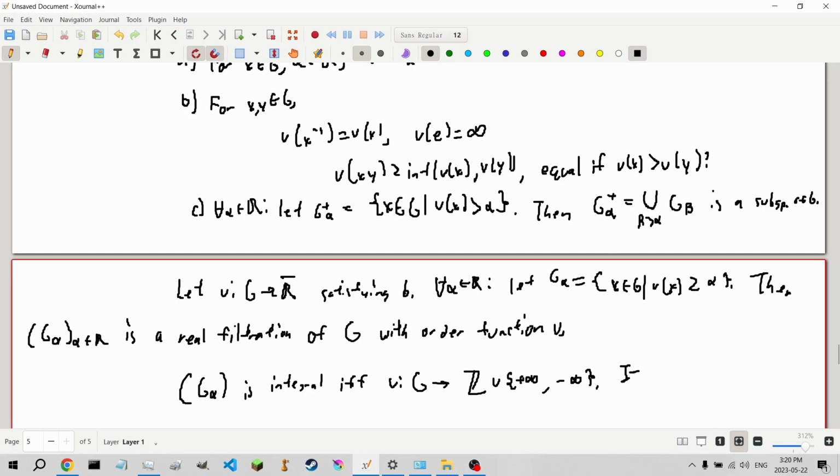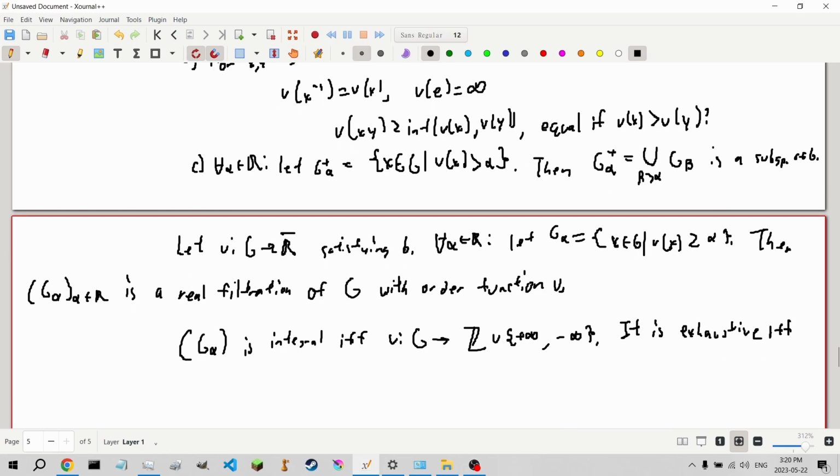It is exhaustive if and only if nothing gets sent to negative infinity, and it is separated if and only if only the identity gets sent to positive infinity.